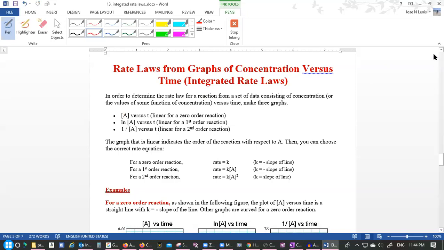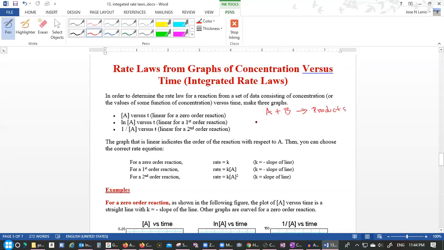Remember we have our generic equation A plus B making products.